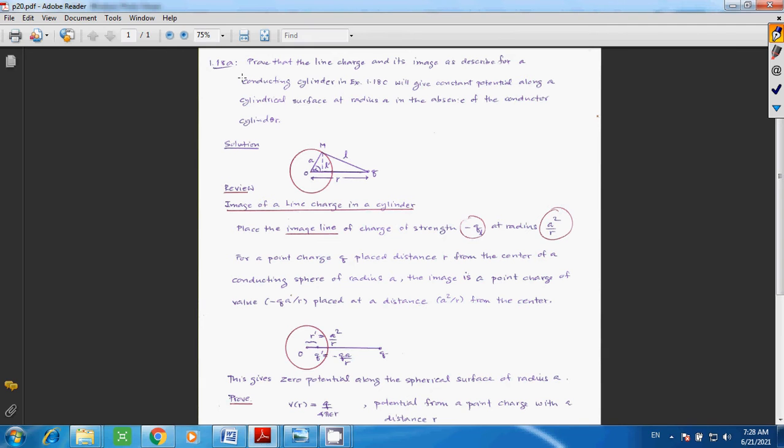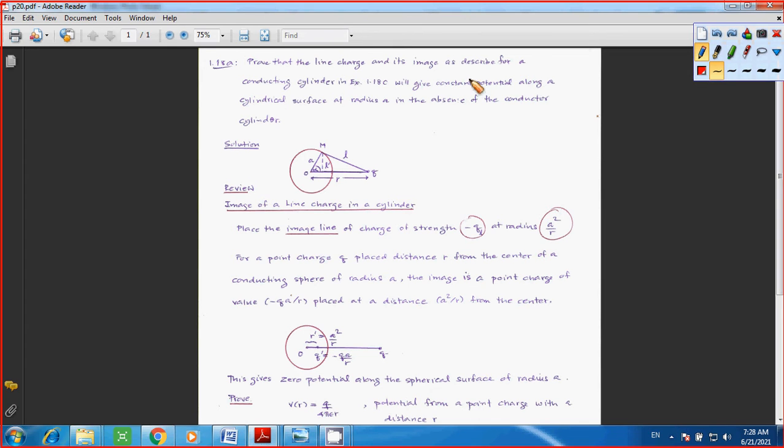Problem 1.18a: prove that the line charge and its image, as described for a conducting cylinder in example 1.18c, will give constant potential along the cylindrical surface at radius a in the absence of the conducting cylinder.